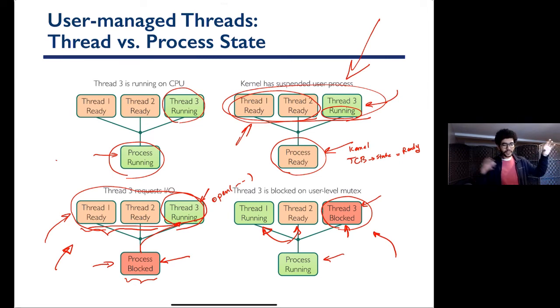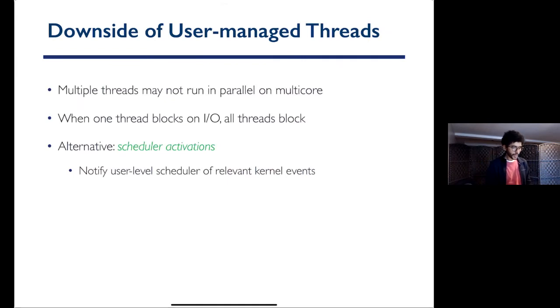So even if I have a system with 4 processors and the other 3 processors are idle, I might not be given a chance to run on them because the kernel doesn't know that I internally have threads. So to put all of that together, the downsides of these user managed threads is that you cannot really take advantage of multi-core, and when one thread blocks, all threads block, so it's not that good.